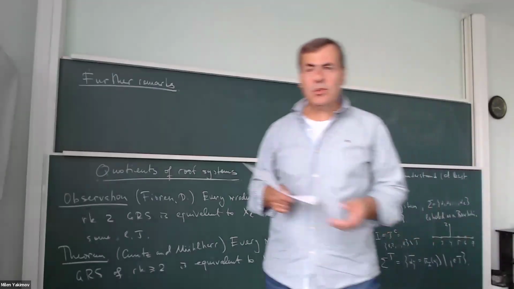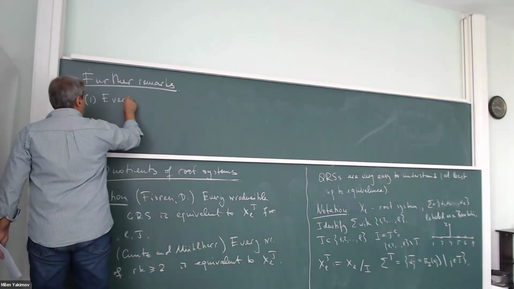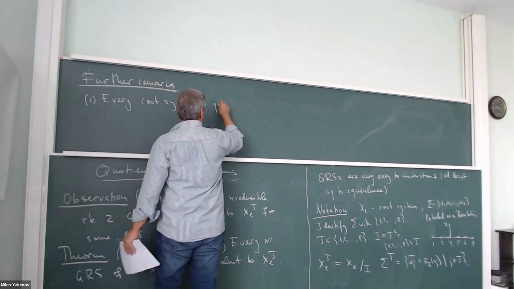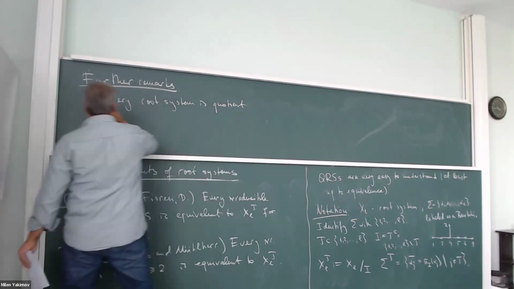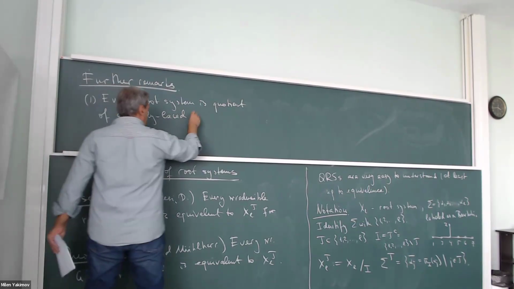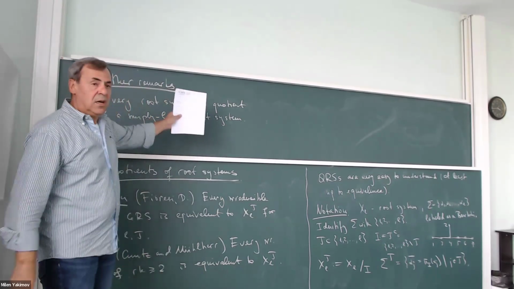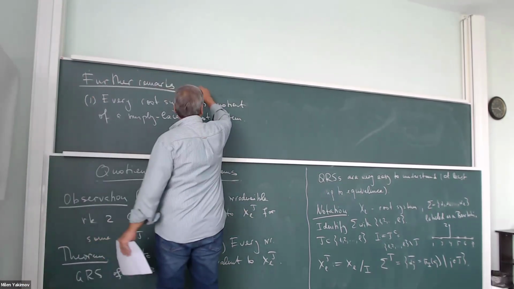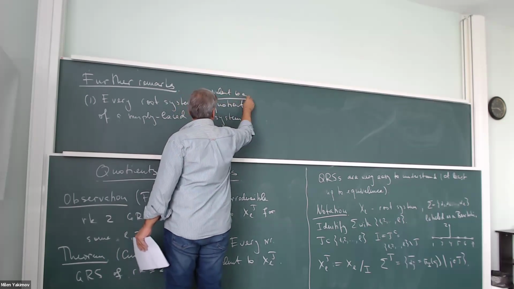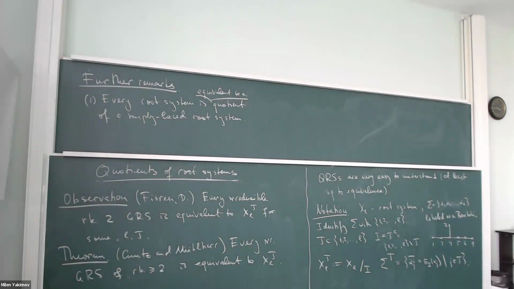But you don't even need to take quotients of all root systems, because the first result is that every root system is a quotient of a simply laced root system. Equivalence is what I mean by equality in all my statements. However, in this case, actually, one can show that this is more.